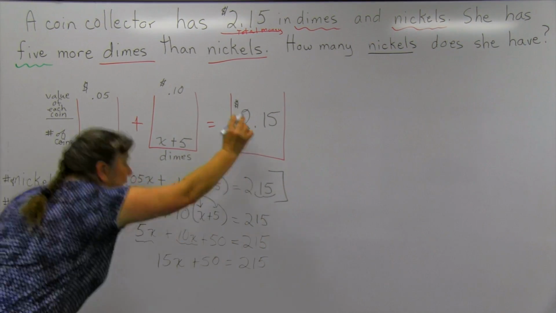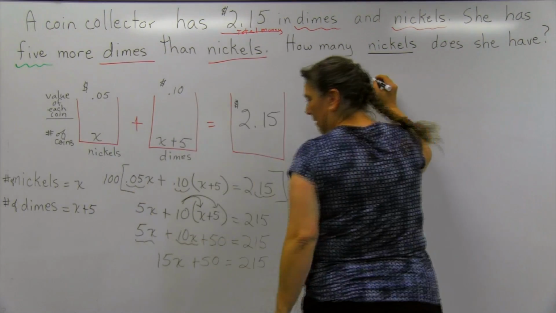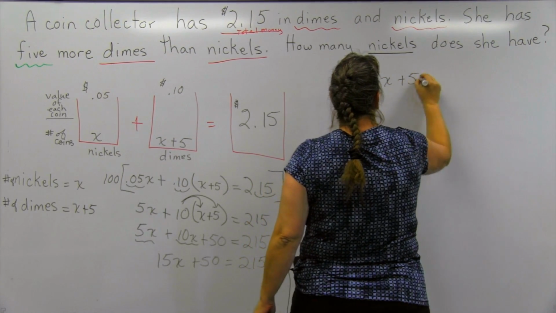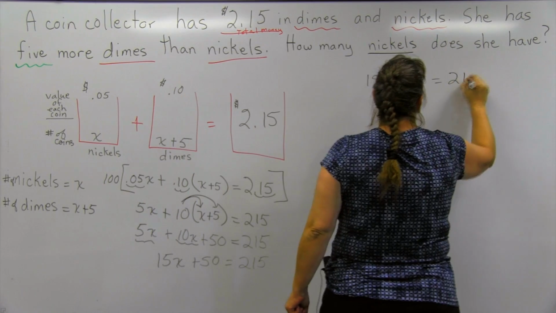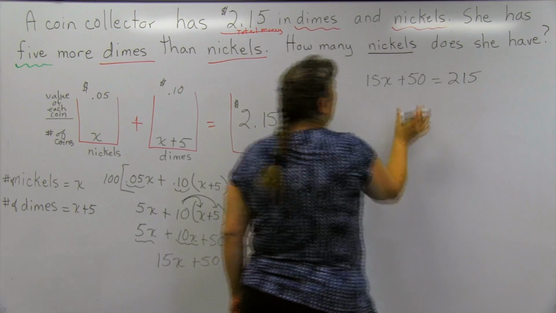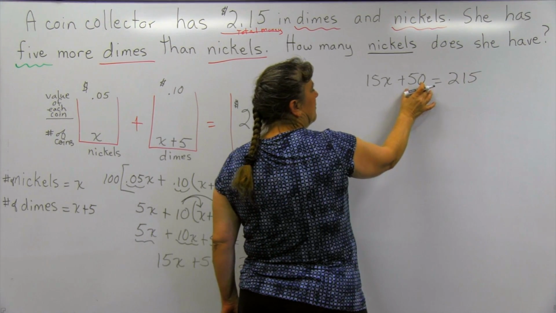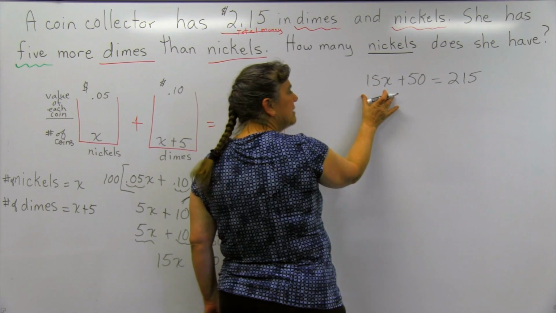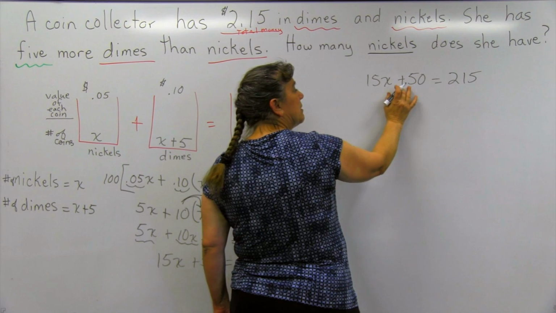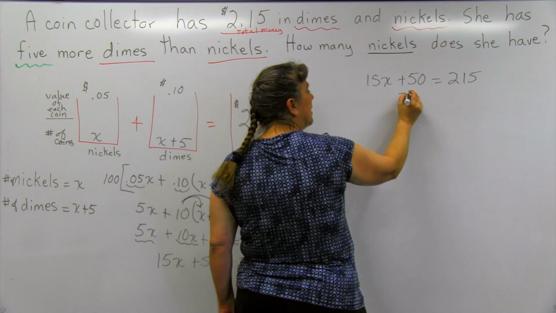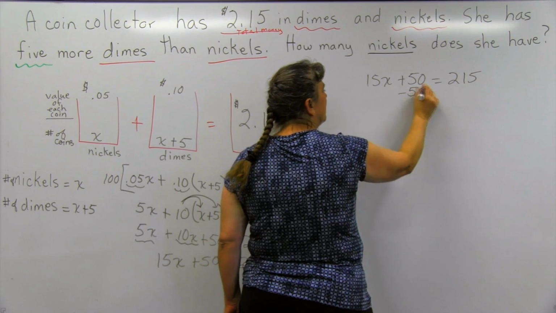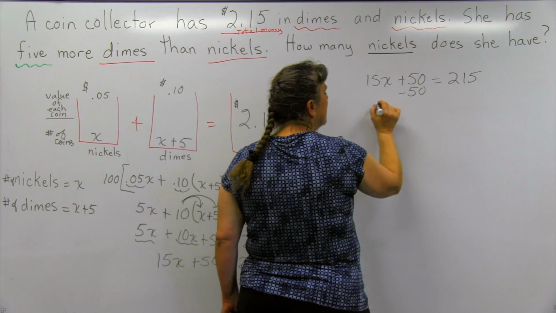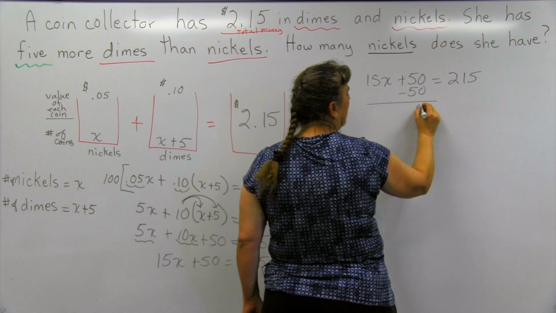Now, I'm going to go write it up here to continue. 15x plus 50 equals 215. Now, we're going to get rid of our 50, because we want to get this term, the 15x, isolated by itself. Since it's a plus 50, you have to do the opposite, which is subtract 50, because positive 50 minus 50 produces that 0 that we're looking for, right?